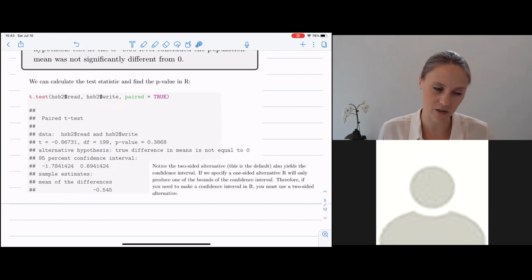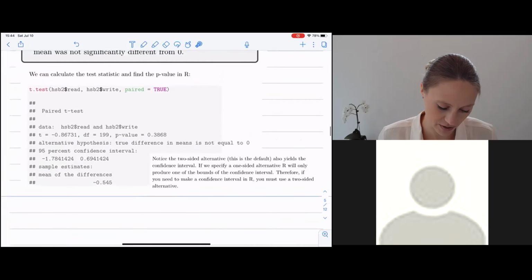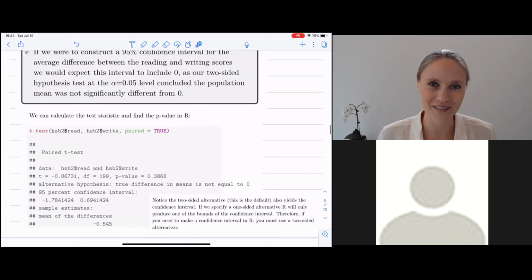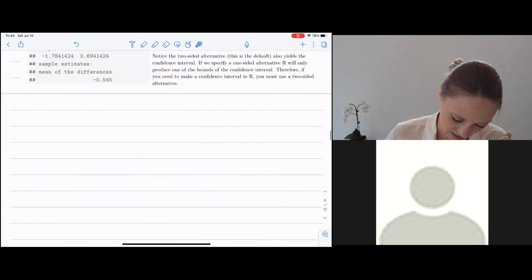But if you specify that you want a one-sided test up here, it won't generate the confidence interval, or I think it might only generate half of it. I can't remember. But that's a side note, not terribly important for us.